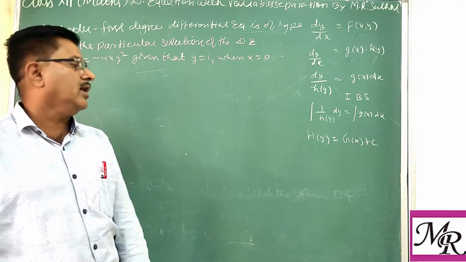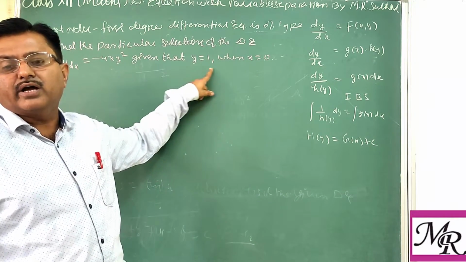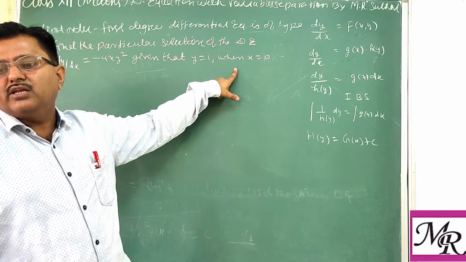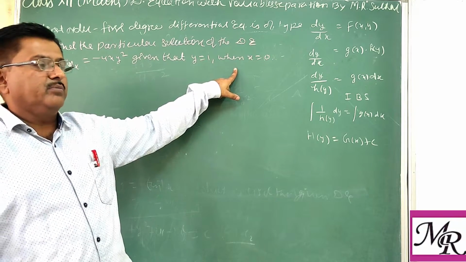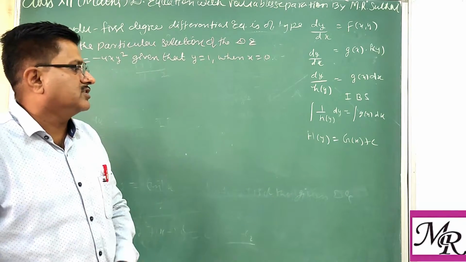To find the value of c, there should be a condition given. When this condition is given, we can easily find the value of c, and if we get the value of c, it means we are getting the particular solution in place of the general.